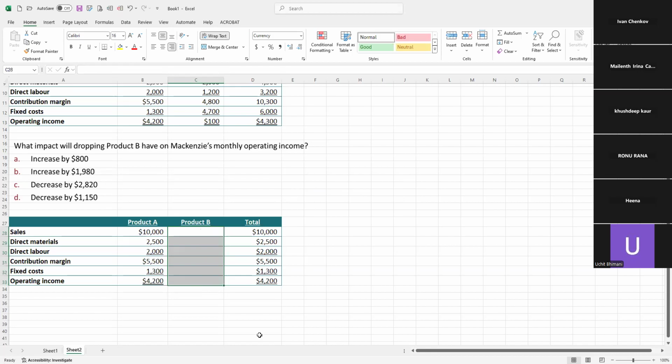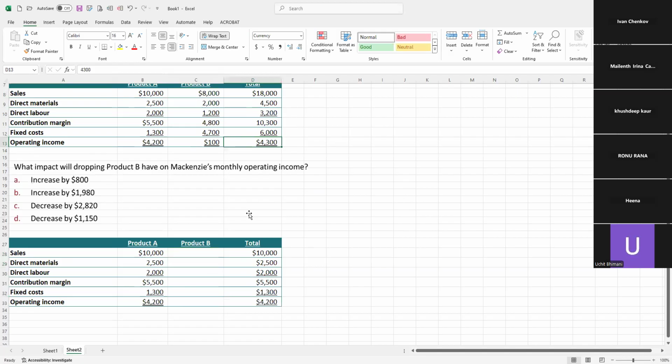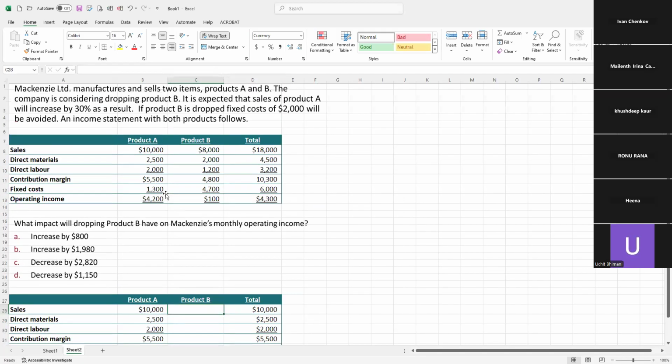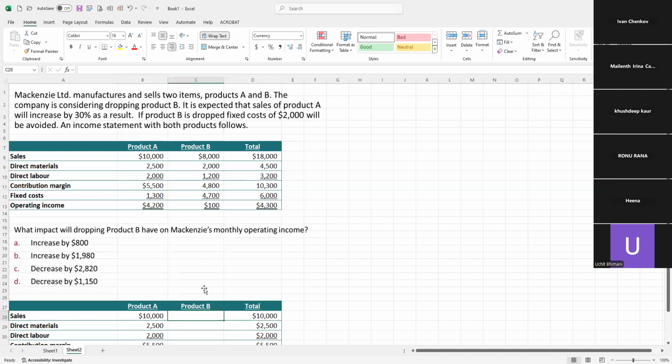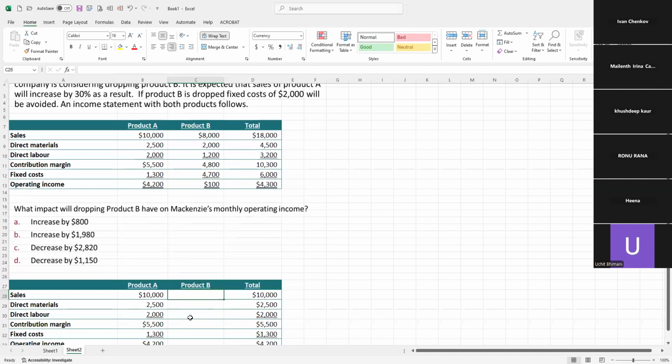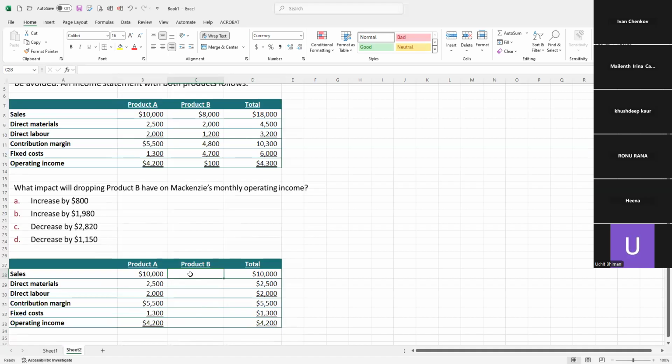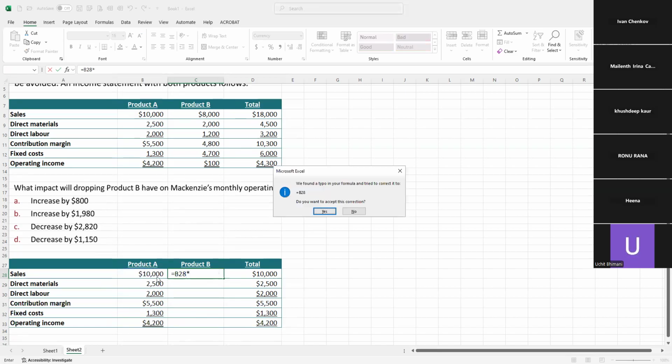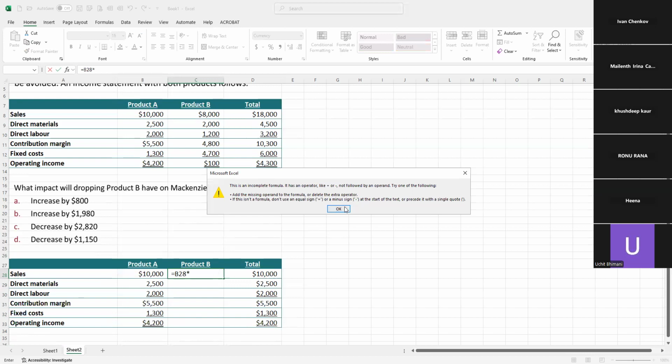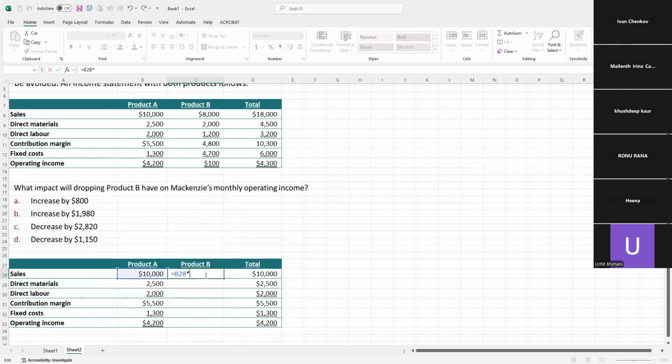If nothing changes, obviously I'm going to lose $100. That's clear. But I expect a 30% increase in sales. So how much will the 30% increase in sales be? That will be this one times 0.3, correct? One 0.3.